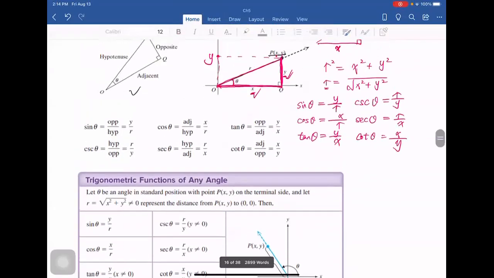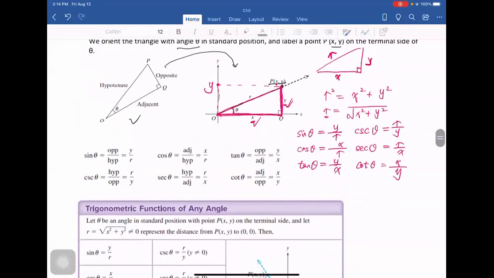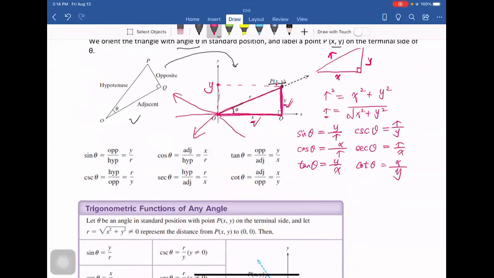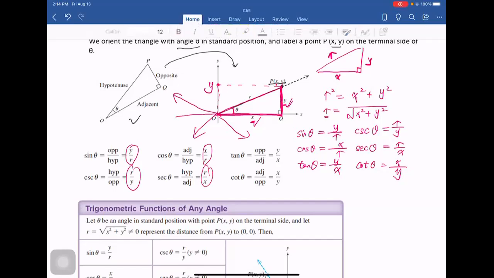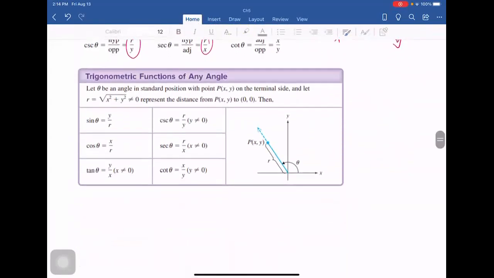For any other angles, when the angle is in the second quadrant, third quadrant, or fourth quadrant, we can still use y over r, r over y. We can still use all of this. So let's see the table.